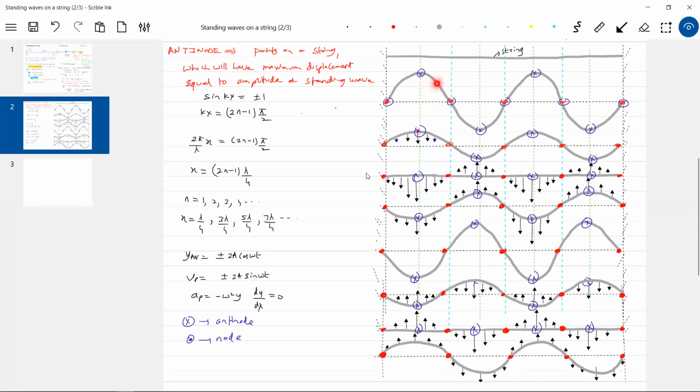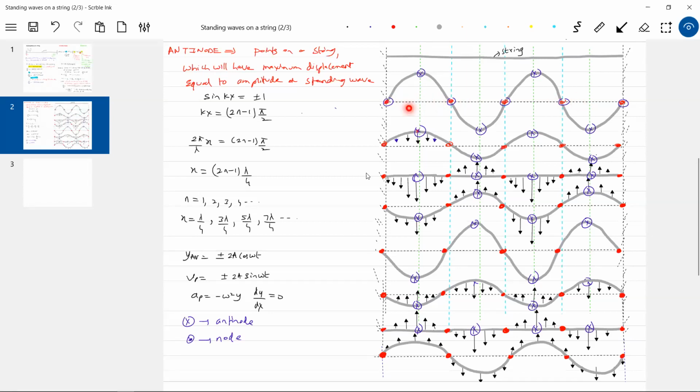The maximum displacement of this will be less than 2a. Only the antinode is permitted to have maximum displacement equal to the amplitude of the standing wave, 2a. What about this point? It will also execute SHM, but its amplitude will be less. So what type of string are we seeing now?